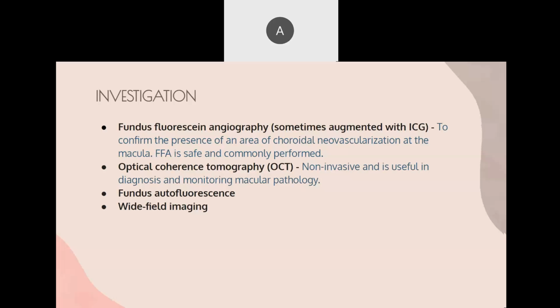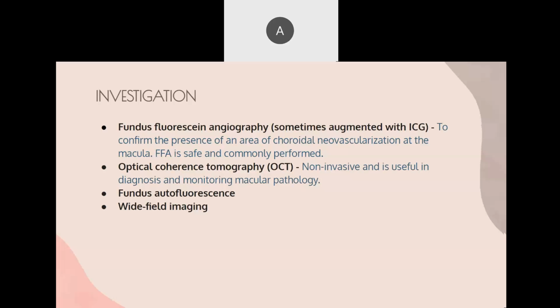Number 2 is fundus fluorescein angiography. Fundus fluorescein angiography is again like an angiography where we put a dye in your body, like the ones we see for the heart. What is that called?